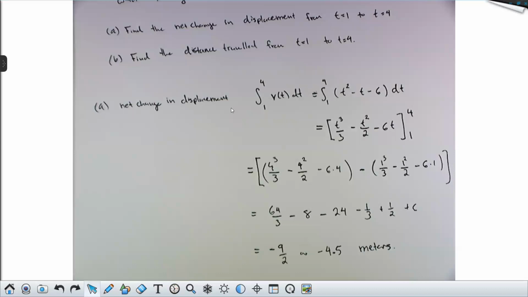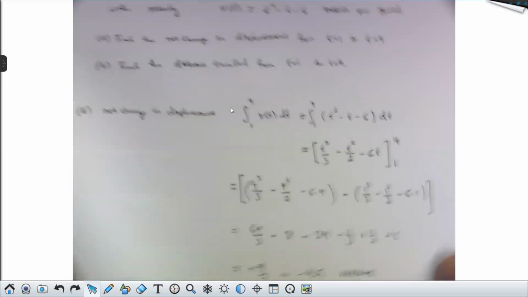Okay. So then for the second part, for part B, let's recall what distance traveled is.